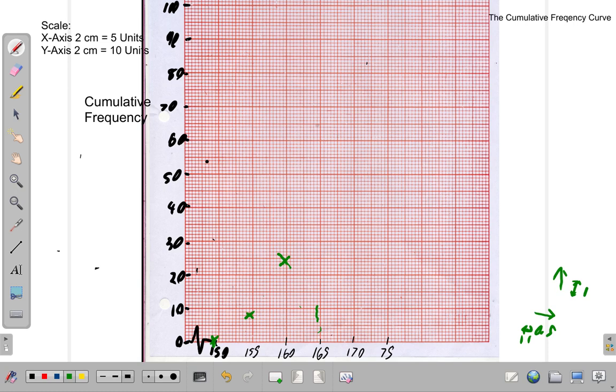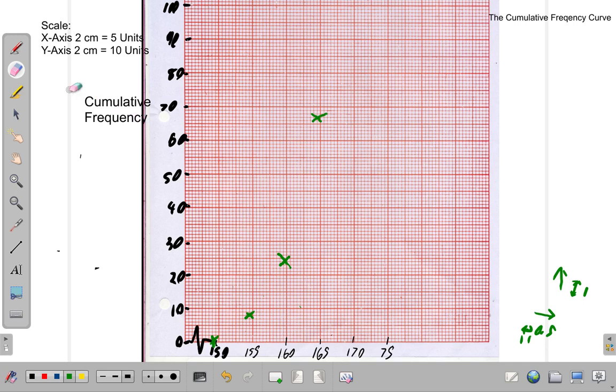This will be 65. Two more marks, 66, 67. So 67 would be right here, right at that dot. Let me just erase those little markings I made earlier. Don't want too much markup on this table.